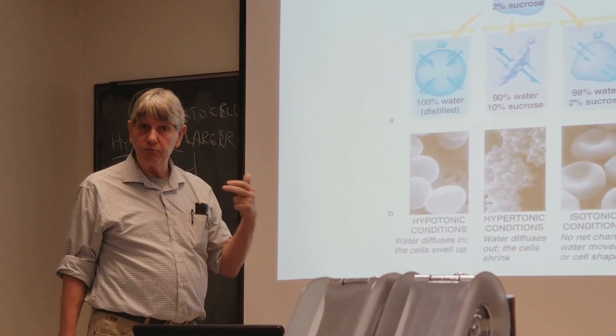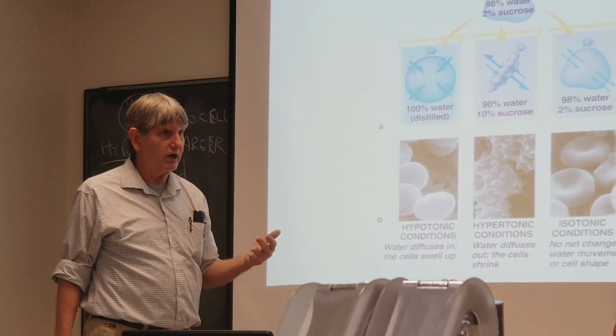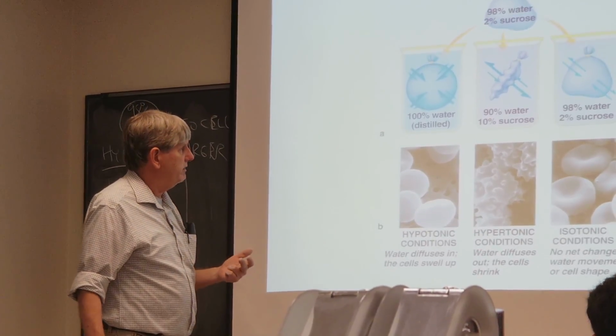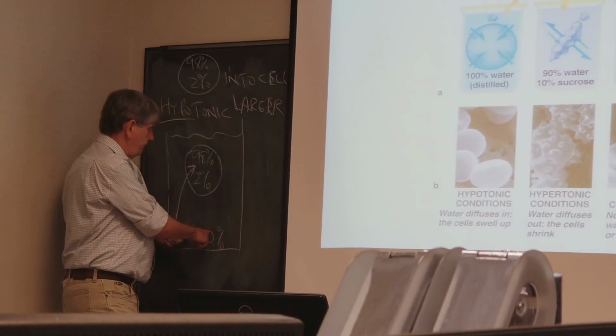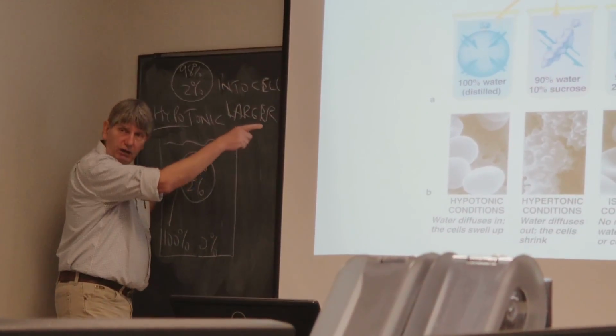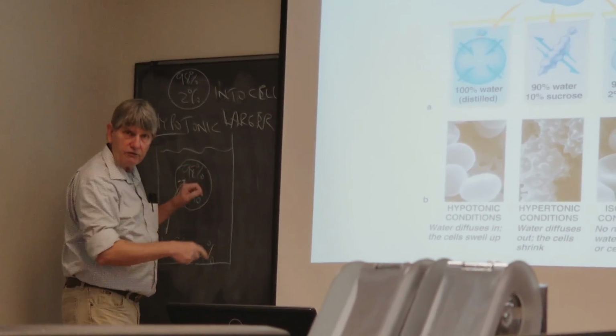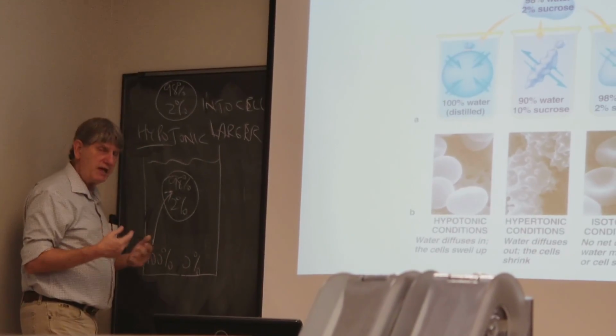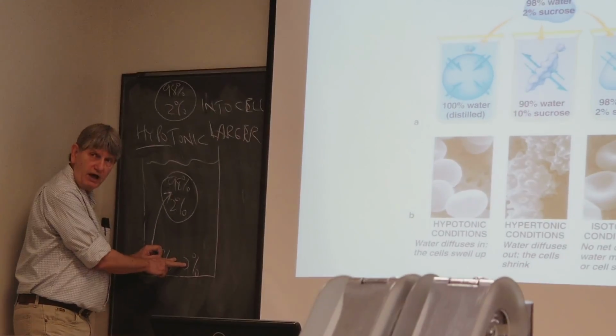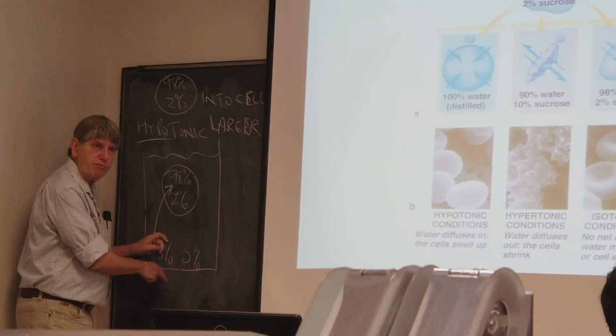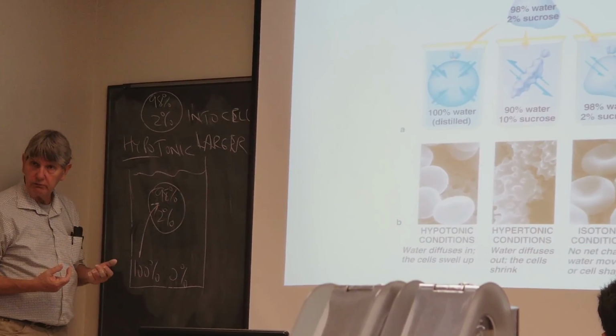And again, it's always important to remember, and I say this 1,000 times, we're talking about what's outside of the cell. The cell's the same in all three examples, 98 and 2. So what you want to think about is what's going on outside the cell to determine whether it's hypo, hyper, or iso.